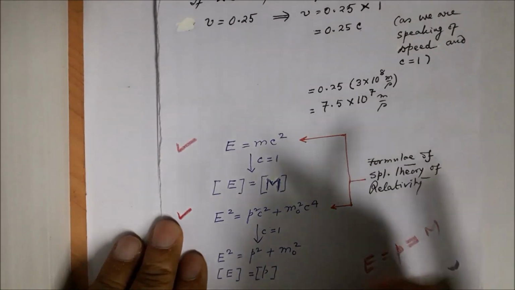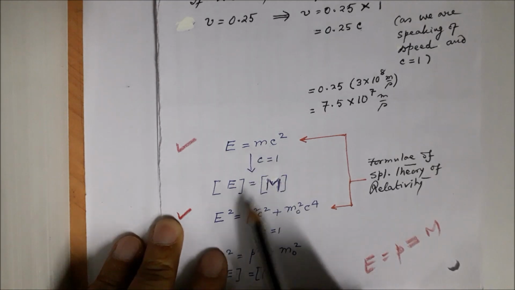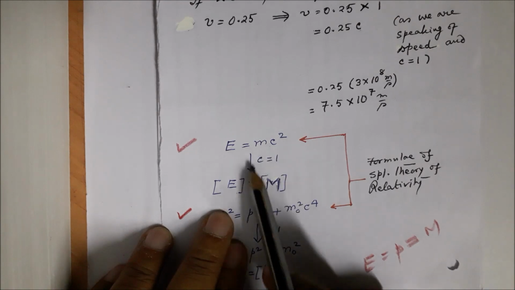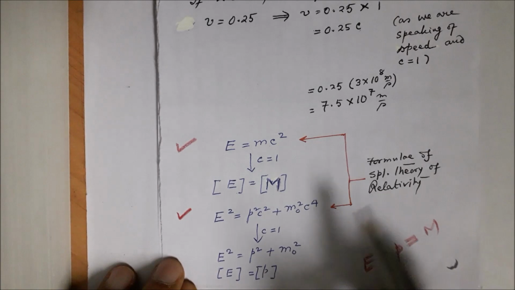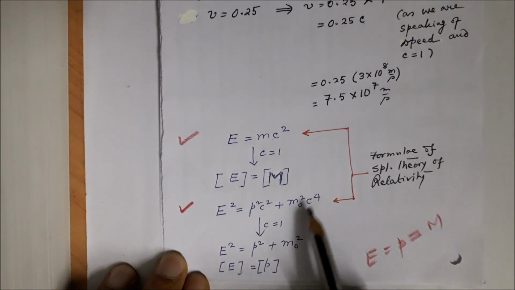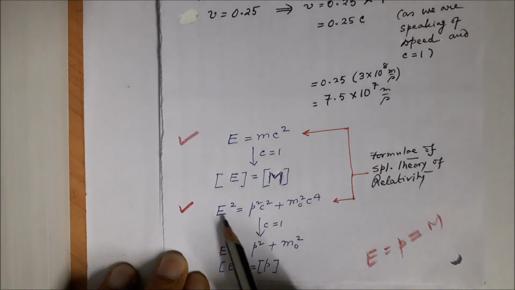The relation E equal to mc² becomes E equal to m if we put C equal to 1. Another relation of special relativity is E² equal to p²c² plus m0²c⁴, m0 being the rest mass, p is the momentum and E is energy.